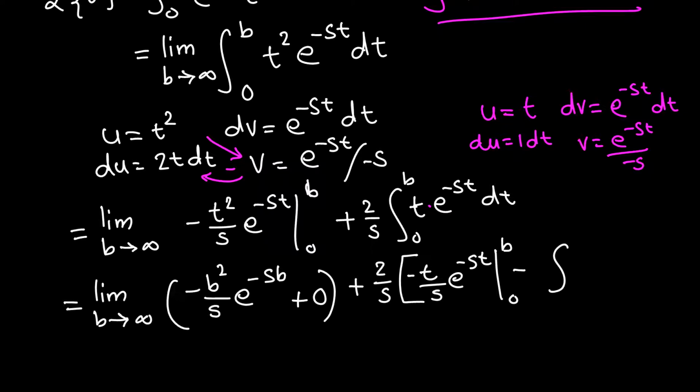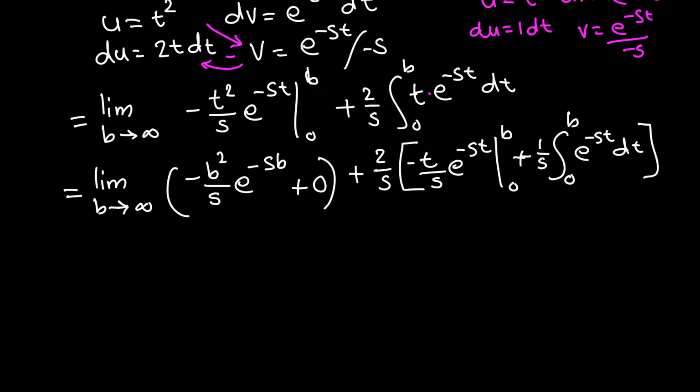So we multiply, this negative 1 over s can be pulled outside, so plus 1 over s leaves e to the negative st dt, from 0 to b, and b is going to infinity.